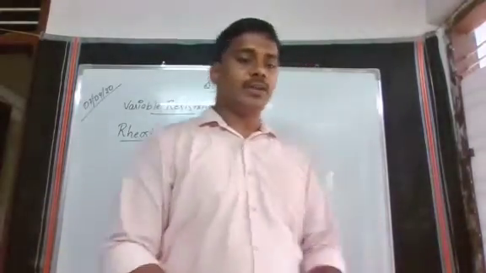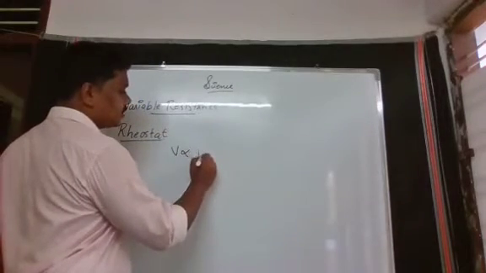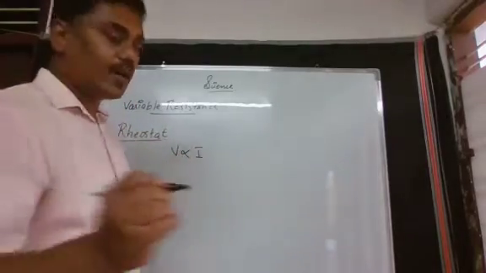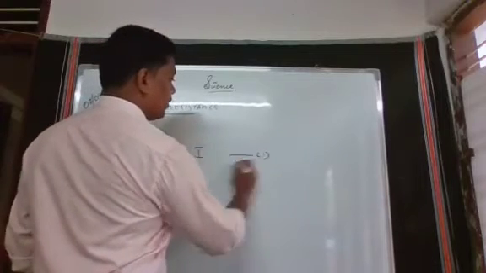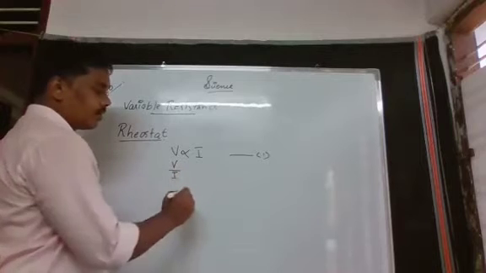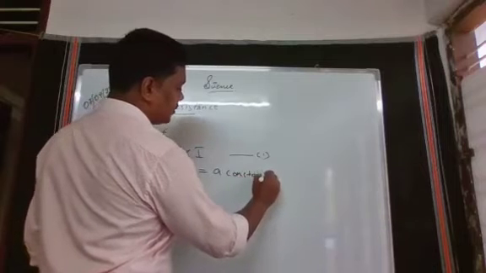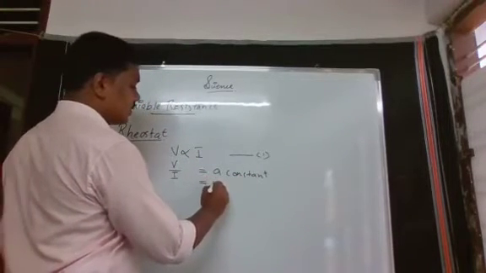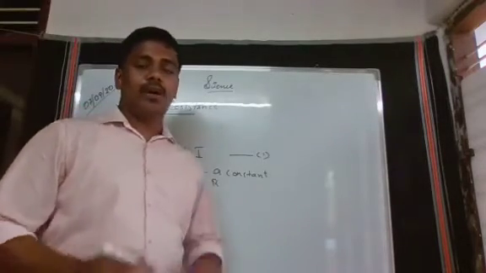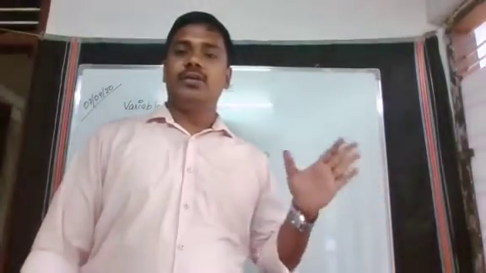So we got the equation V directly proportional to I. After plotting the graph, we got V by I, and we understood that it is a constant. This constant is R or resistance. What is resistance? The property of a material to resist the charge flowing through it.